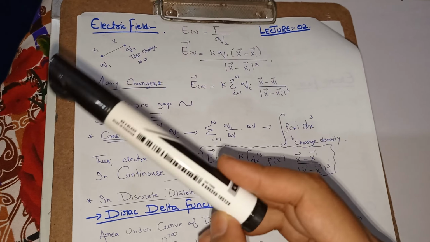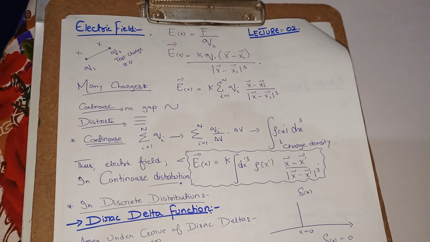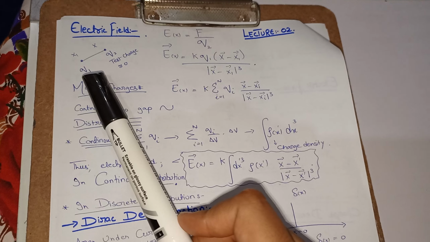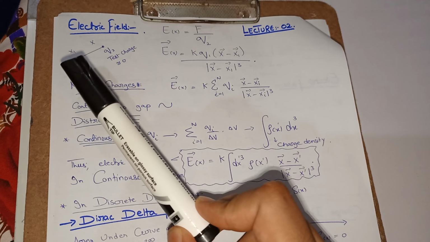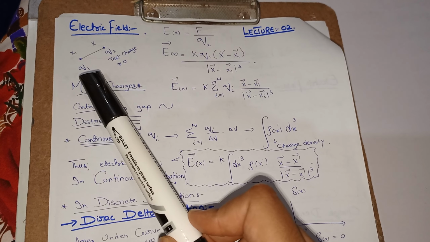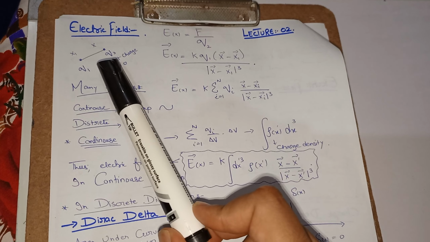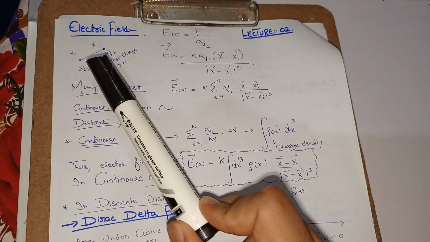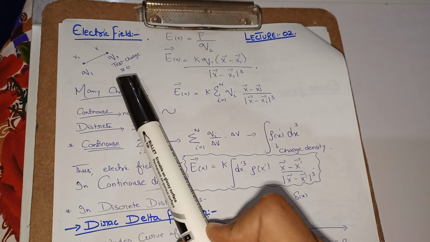Suppose there are two charges, q1 and q2. q1 is the charge for which you have to find the electric field, and q2 is the test charge. To find the field of q1, you must introduce another charge, which is called the test charge, and the charge of this test charge must be approximately equal to 0.